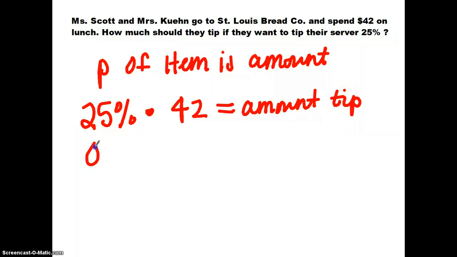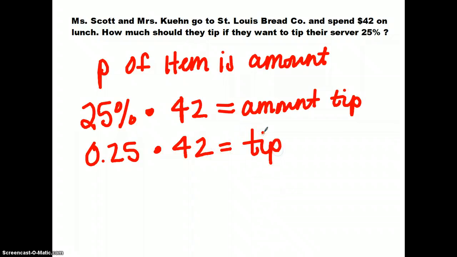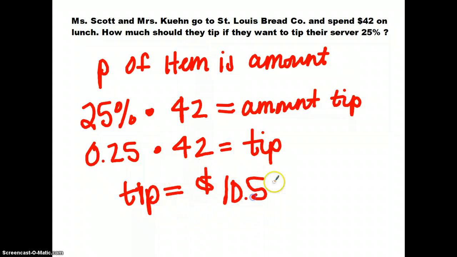To find that, I change this into a decimal, multiply by 42, and I get my tip. If I go to my calculator and multiply 0.25 times 42, I get $10.50 is my tip. Make sure you have a label of a dollar sign.